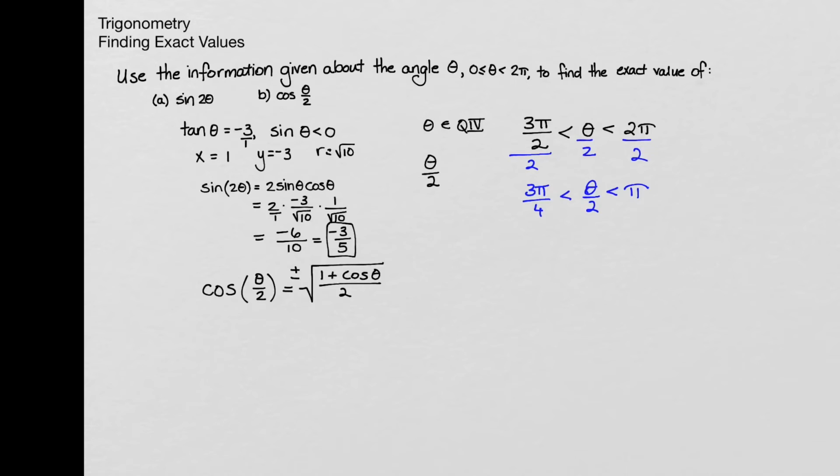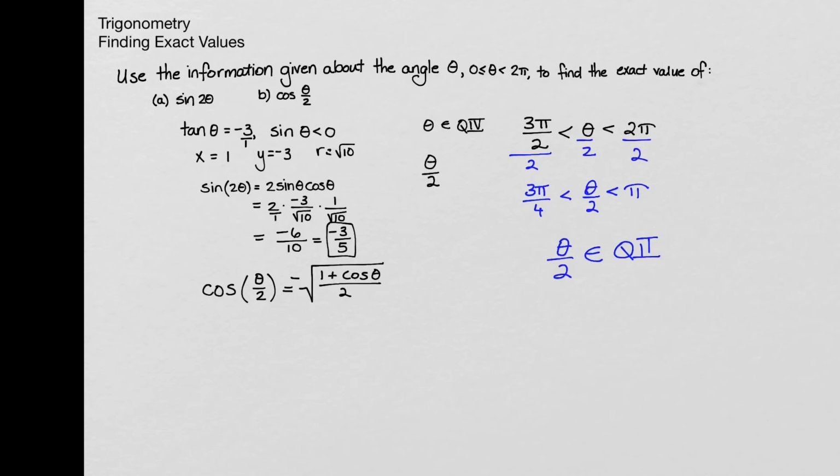So that tells me that theta over 2 is between 3 pi over 4 and pi. And so that means that theta over 2 is in quadrant 2. And if theta over 2 is in quadrant 2, then I know that I should use the negative for my cosine formula, because cosine is negative in quadrant 2.